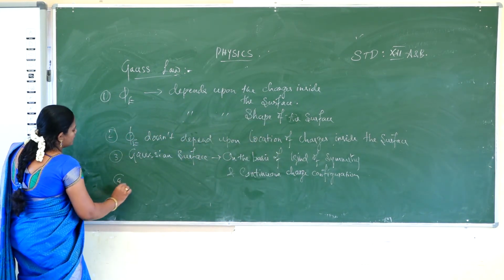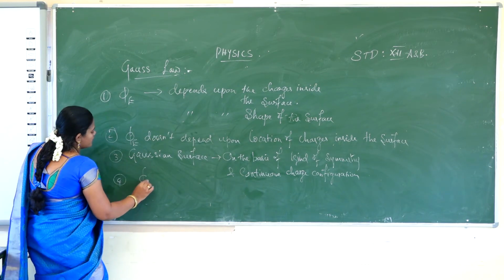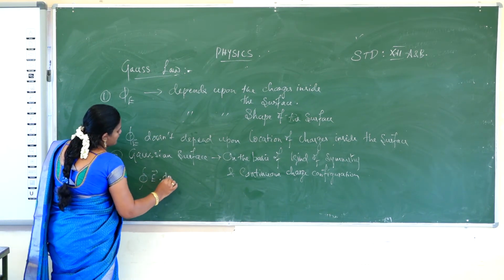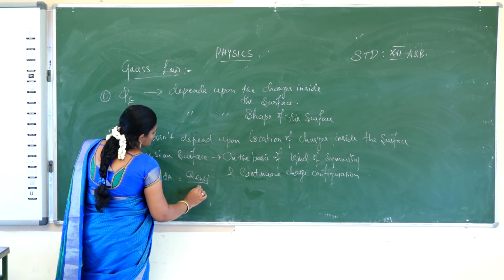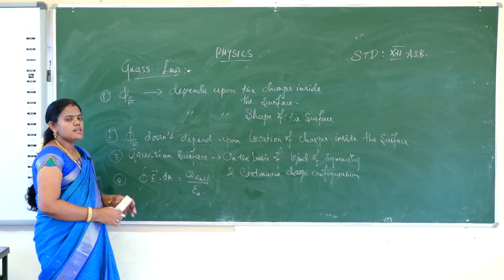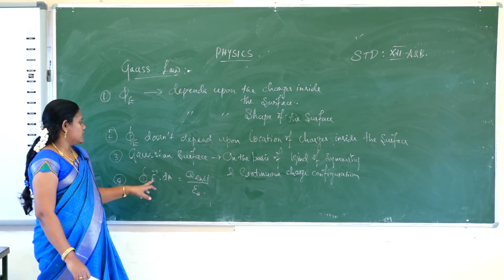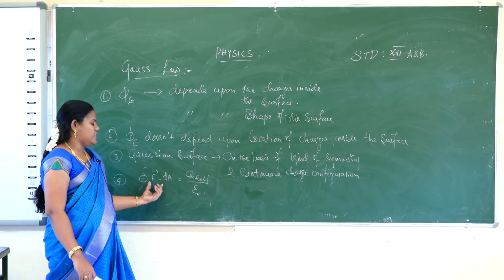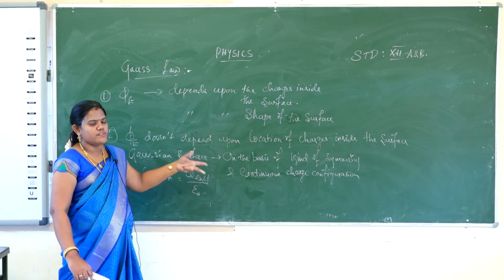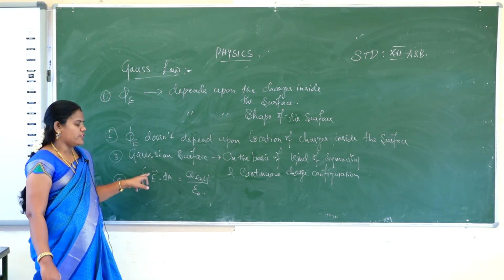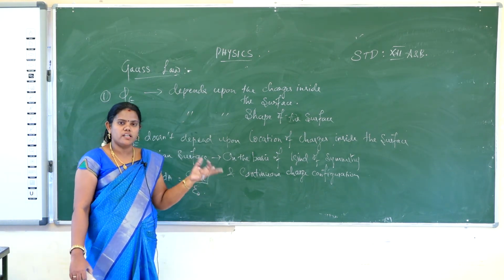And then the fourth point, we consider the equation: closed integral of E vector dot dA vector is equal to Q enclosed by epsilon naught. This is the Gauss law formula. On the left-hand side of this equation, the electric field is due to the charges inside and outside of the surface.